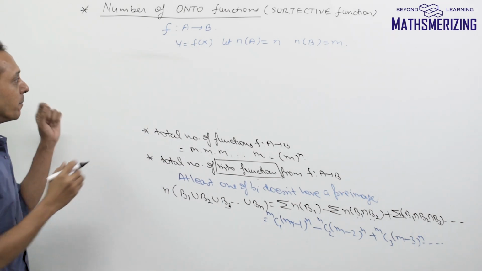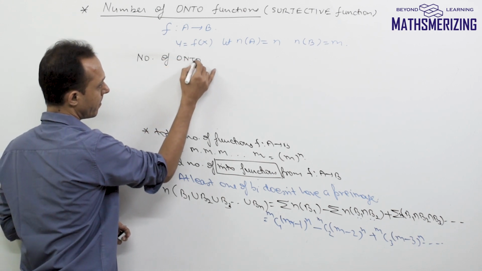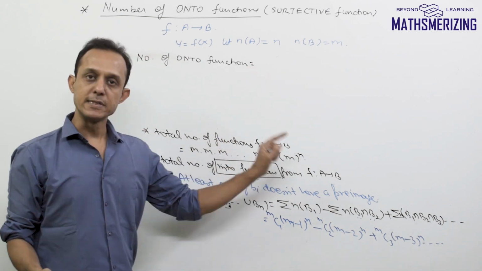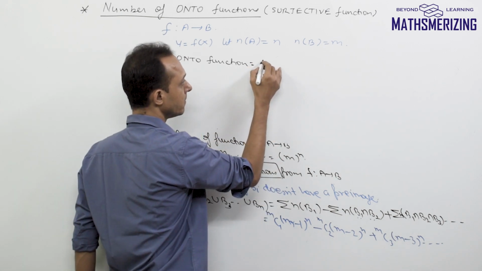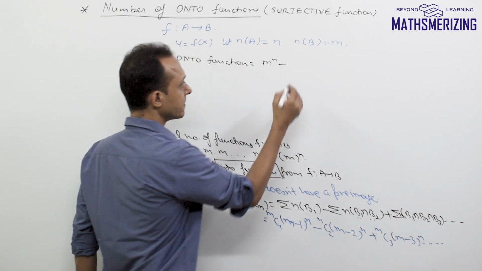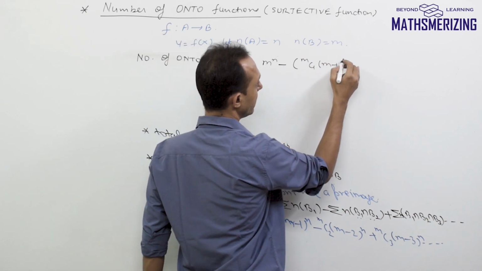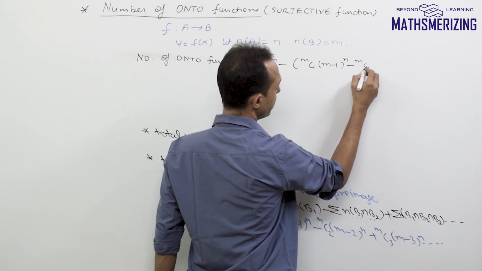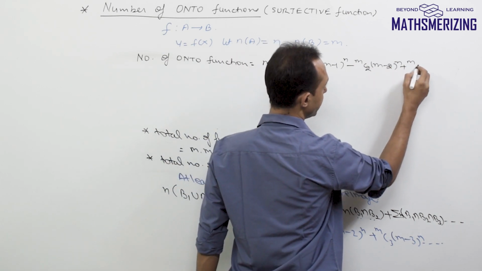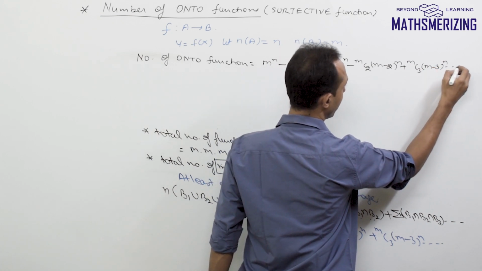So I can find out the number of onto functions as the total number of functions, which is simply m to the power n, and then minus the total number of into functions, which is minus mC1 (m minus 1) to the power n minus mC2 (m minus 2) to the power n plus mC3 (m minus 3) to the power n, and it will continue.